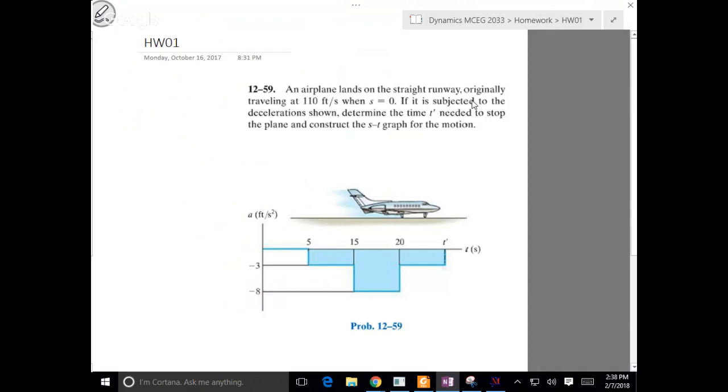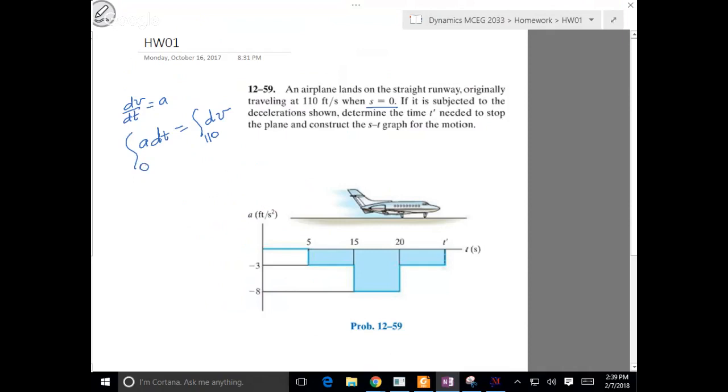Okay, this is a pretty decent one here, because dv/dt is equal to acceleration. He's got the acceleration plot. So he wants you to integrate this thing, and he wants you to integrate it so that it starts when S is equal to 0. It's traveling 110 when that is there.